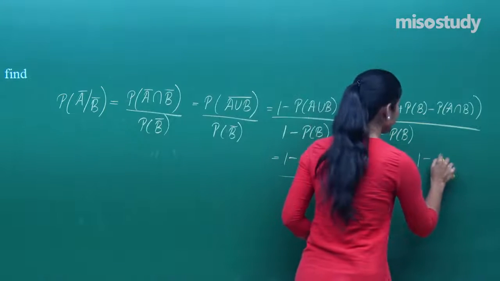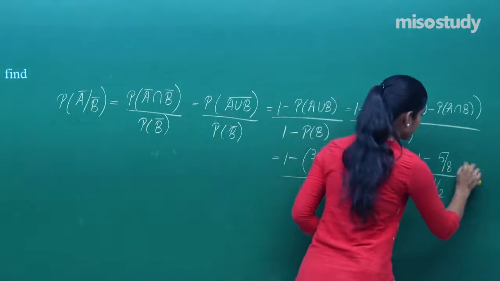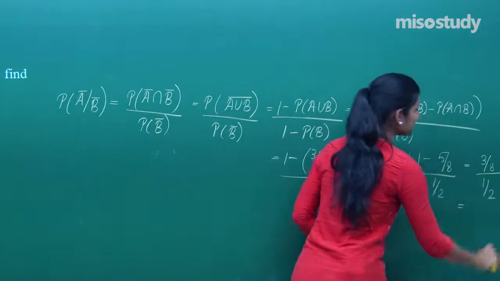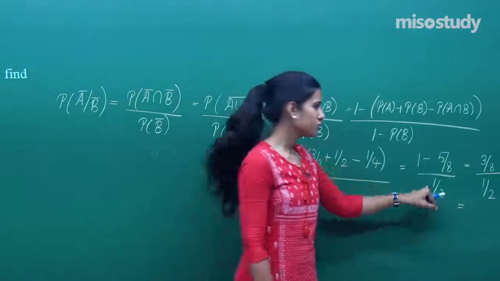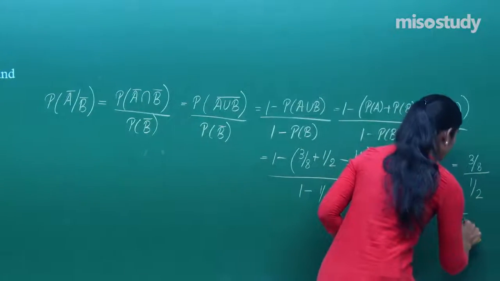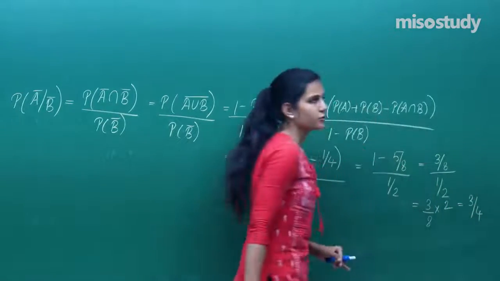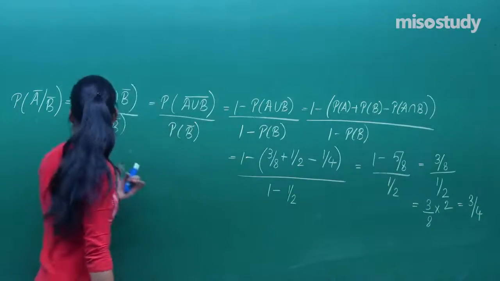So you have 1 minus 5 by 8 upon 1 minus 1 by 2 is 1 by 2. This is 3 by 8 upon 1 by 2, right? Because it is 8 minus 5. So this is 3 by 8 into 2, which is 3 by 4. This happens to be probability of A bar by B bar.